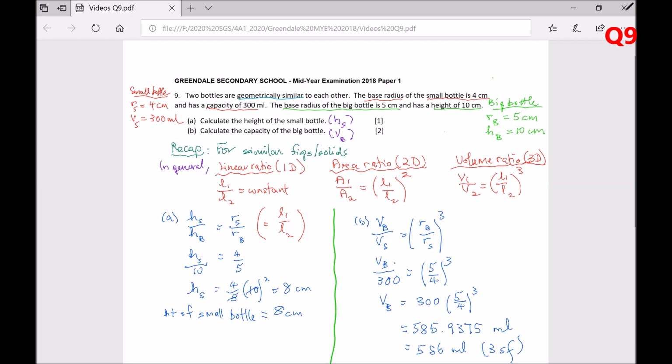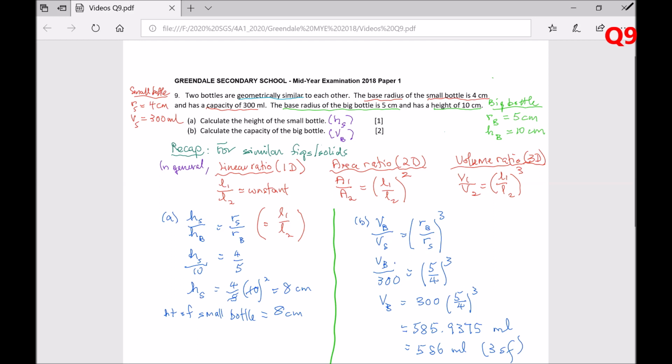Hence, these two ratios are equal because the bottles are geometrically similar to one another. HS over 10 equals to 4 over 5. We substitute the known values for HB, RS, and RB. So HS, the height of the small bottle, is equals to 8 cm.